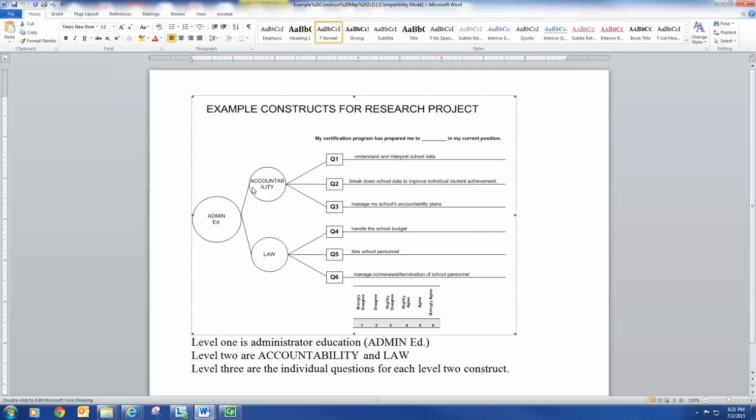But the key is that if I possess a lot of accountability skills, I should get a high score, a high score, a high score. Or if I possess a little, I should get a low score, a low score, a low score. So we're trying to work with the same idea of accountability. We don't want to introduce different ideas. So these should all be accountability.